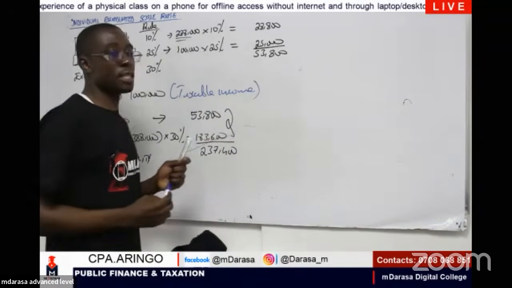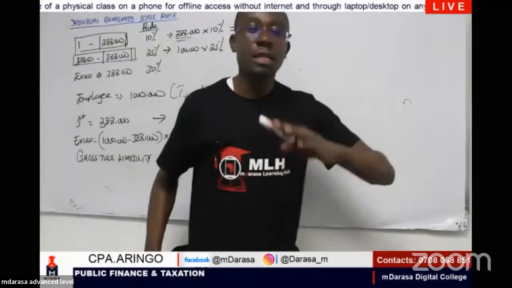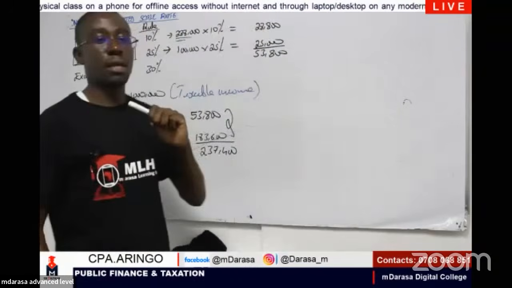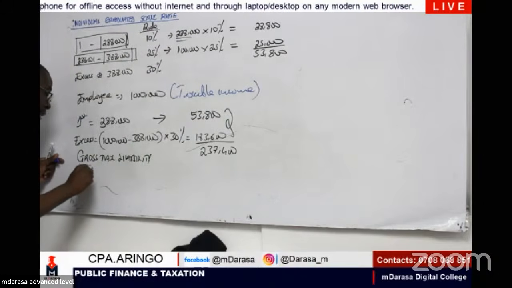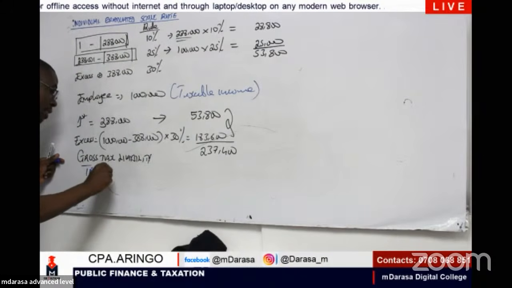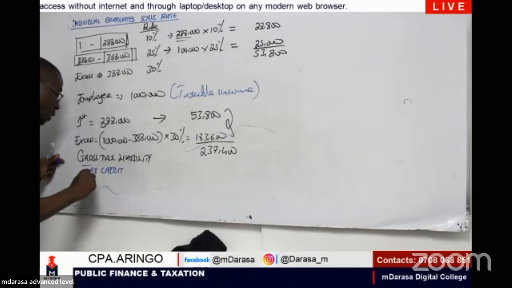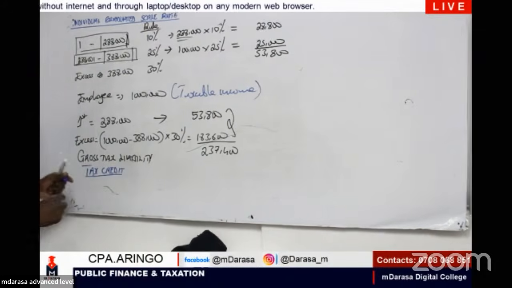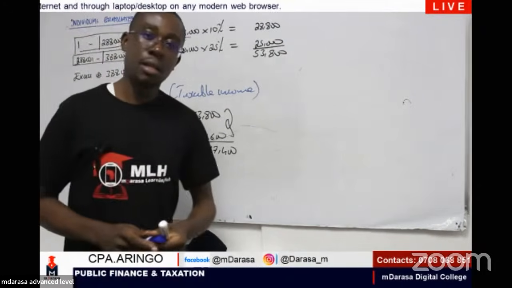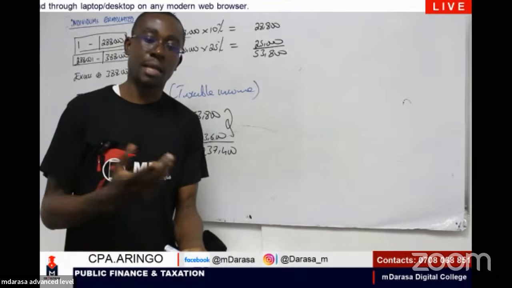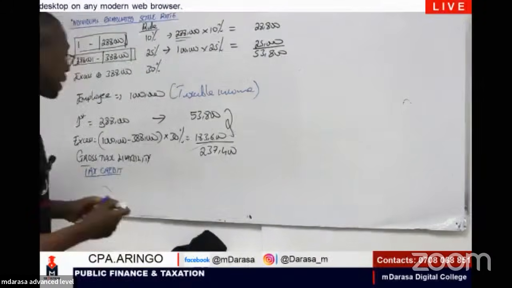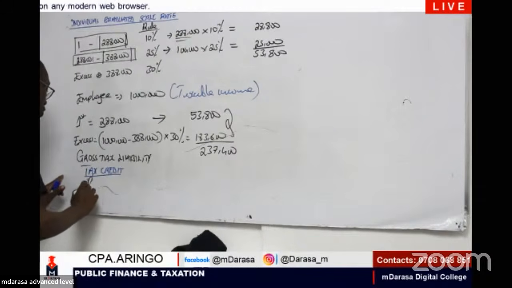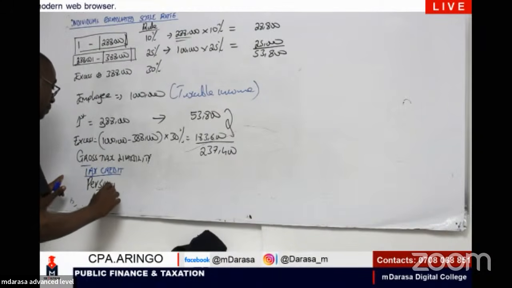So this is where the component of tax credit will come in. You'll say, this person is a resident. Remember last class, we talked about the concept of resident. So being a resident, I'm entitled to personal relief.